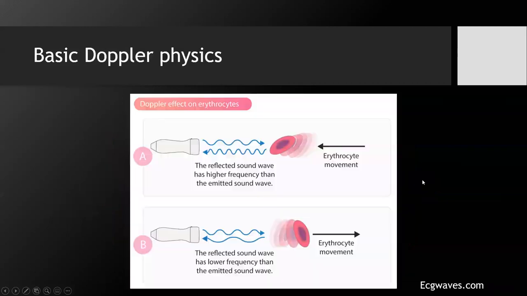So then something interesting happens, which is that, so this is a blood cell that is moving towards the probe. So the probe sends out a wave at this frequency, whatever it is. Now, the moment that it hits this blood cell, the blood cell is rushing towards the probe. So I kind of think of it as squishing the frequency, right? And the frequency that comes back is going to be different, higher than the frequency of the wave that was sent through initially, that was sent by the probe.